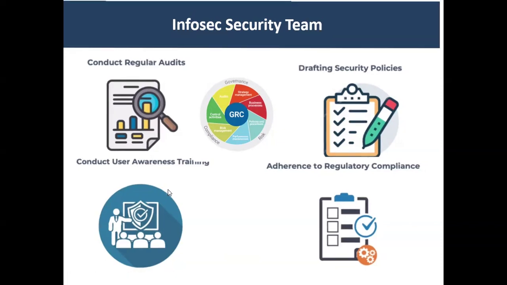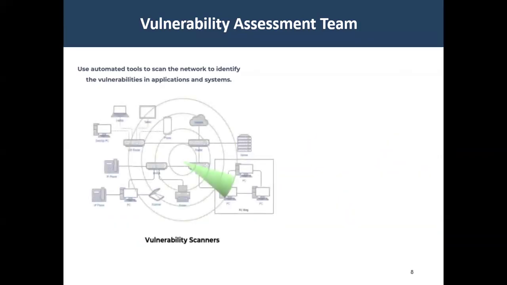Now we have the vulnerability assessment team. The vulnerability assessment team use automated tools to scan the network to identify any vulnerabilities that are there in the application or in the system. The automated tools scan and produce a report, and the report needs to be analyzed.